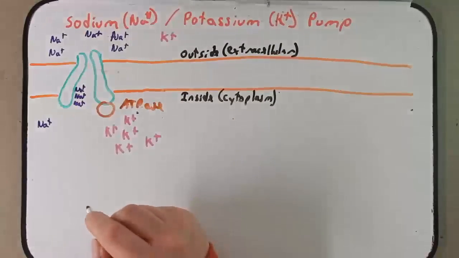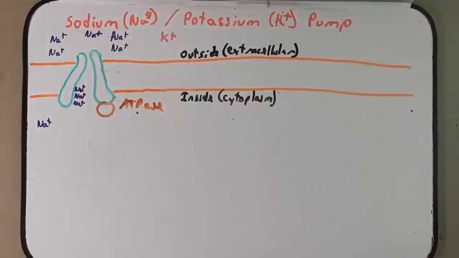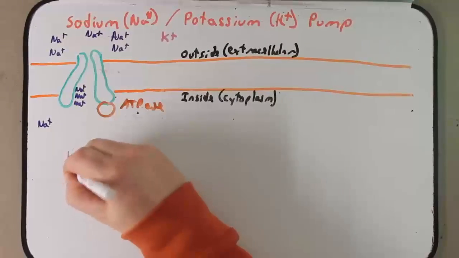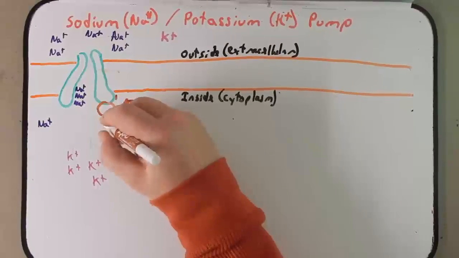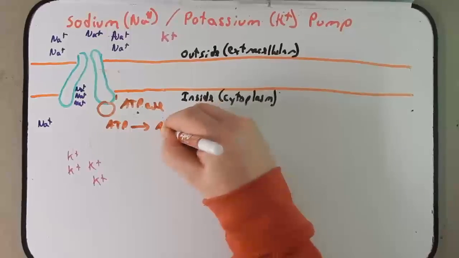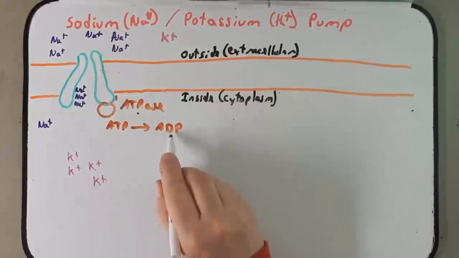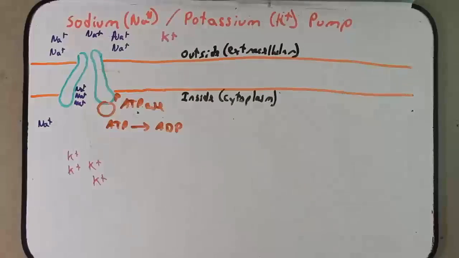When this becomes active, ATP, I'm going to erase these potassium ions. We'll put them down here just so we don't forget that there's a lot of them. But I need a little more room here. So this pump now is activated by the sodium, and it converts ATP to ADP. That extra phosphate is transferred to the sodium-potassium pump here.